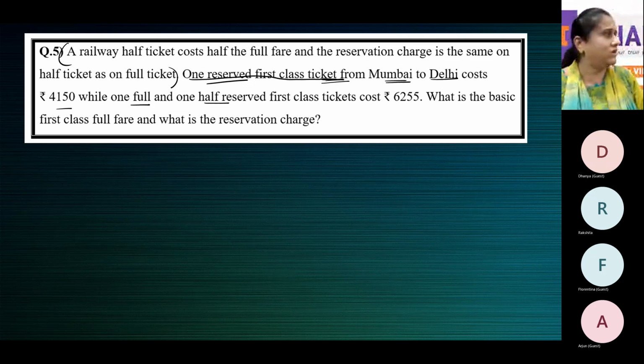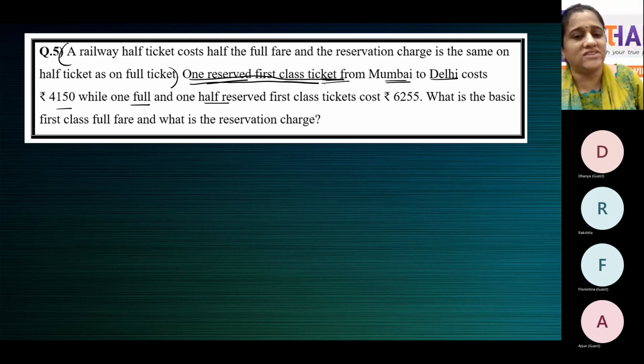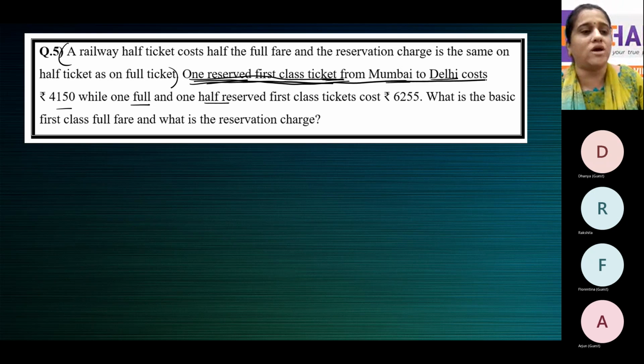Nothing is mentioned, so one full. One child will not travel like that practically. So one reserved first class ticket from Mumbai to Delhi costs 4150, while one full ticket and one half ticket, reserved first class tickets, cost this.